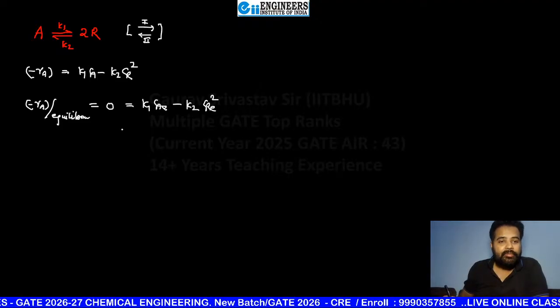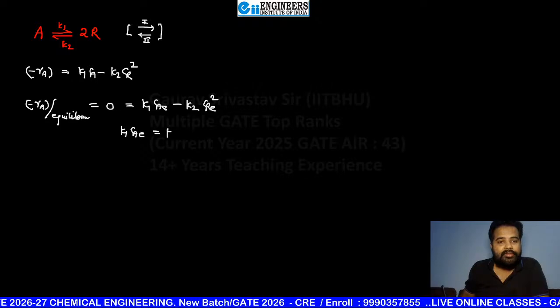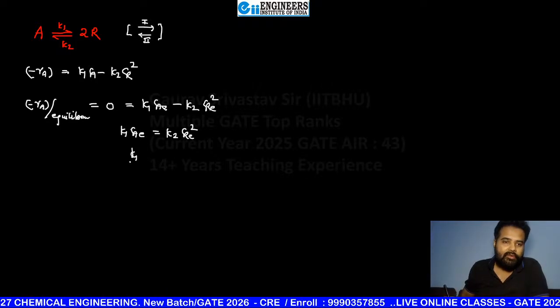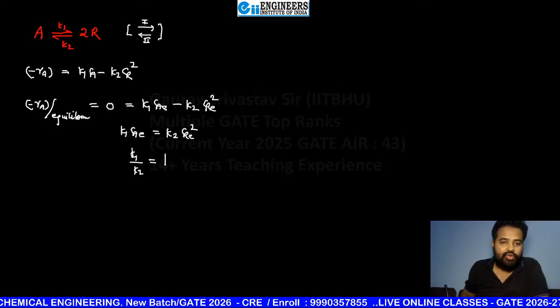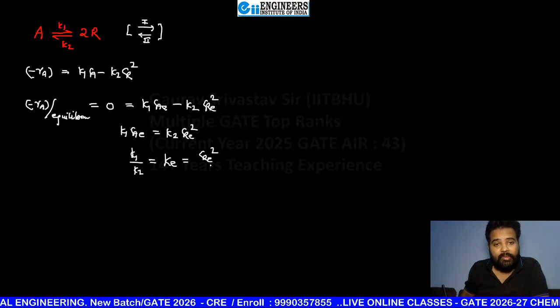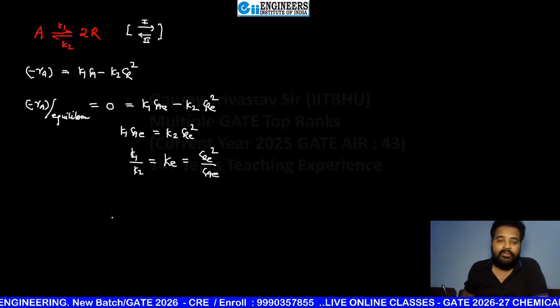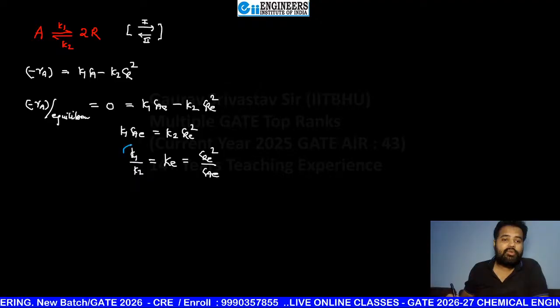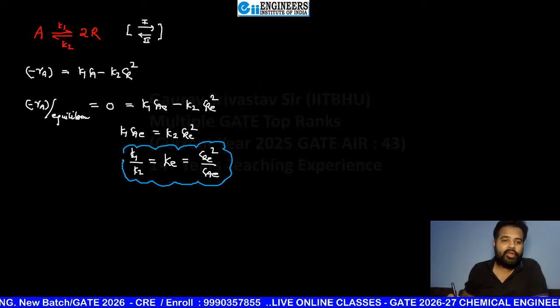So this time K1 CAE can be written as K2 CRE square, or K1 by K2, that is also our KE. This time it is CRE square by CAE. So as per given case beta you have to do this dealing. आपको दिए हुए केस के अकॉर्डिंग ये डीलिंग करनी होगी.